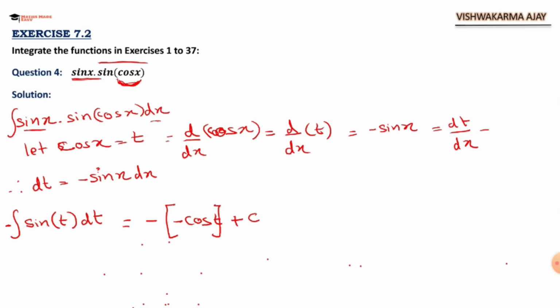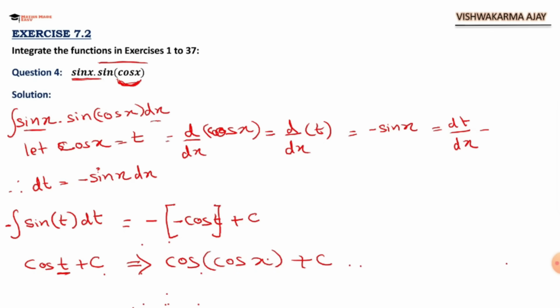This minus and this minus will become positive. So we have cos of t plus c. Don't forget to resubstitute the value of t, which is equal to cos of cos x plus c. I hope you got this question.